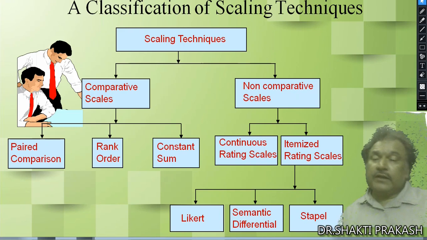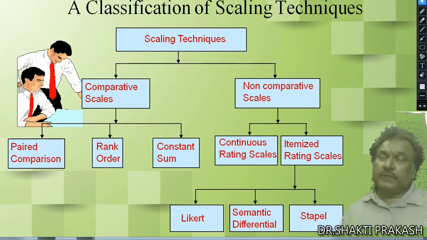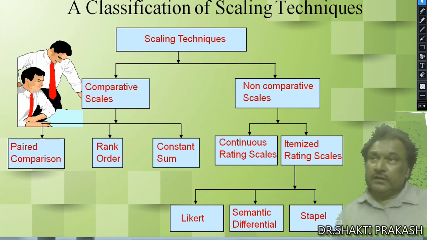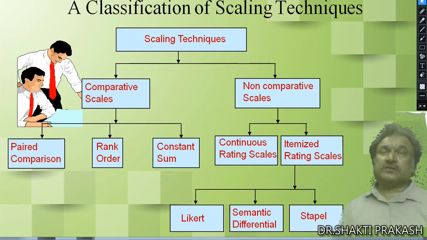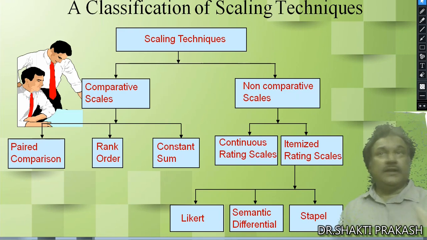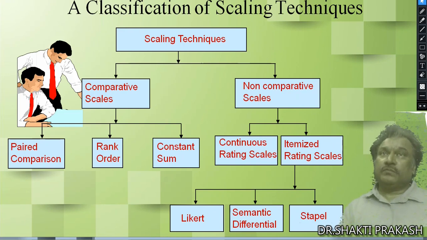Then rank order, which is also given, with Himalaya, Dantakranti, Colgate and a number of brands. Then constant sum is based on a constant sum of 100 marks, with a number of attributes given, and respondents segment-wise will tell which attributes are most important.